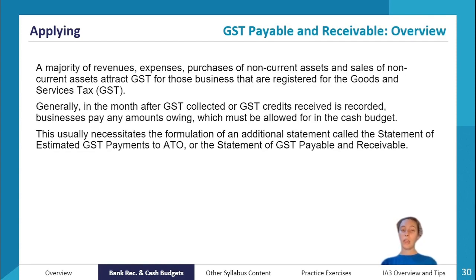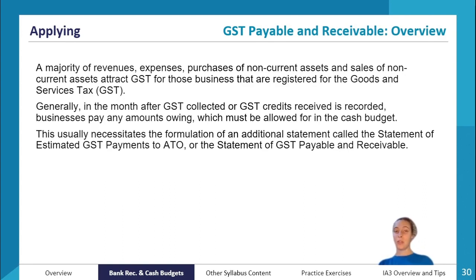So generally in the month after GST is collected, or GST credits received is recorded, businesses pay any amounts that they owe, and that must be allowed for in the cash budget. So this usually means that we need to have an additional statement called the Statement of Estimated GST Payments to the ATO, or the Statement of GST Payable and Receivable.